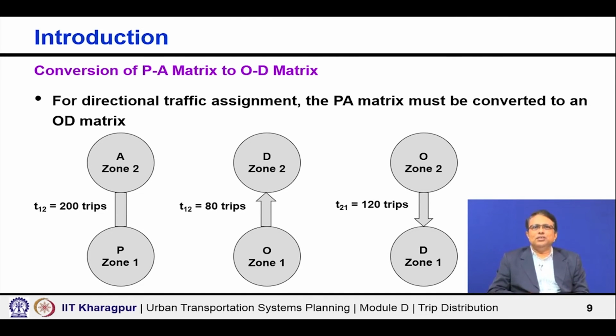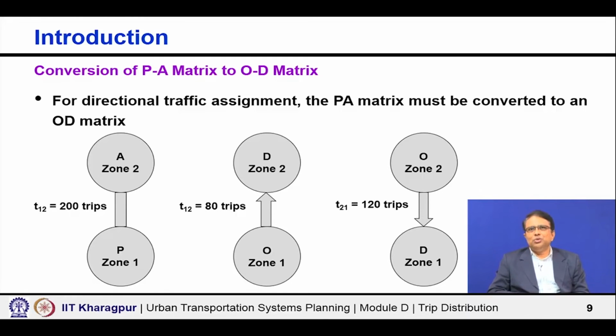You can see we are expressing here as O and D. That means, here we are saying 80 trips are happening with zone 1 as origin and zone 2 as destination. That means, the direction of travel is from zone 1 to zone 2, that is the 80 trips.